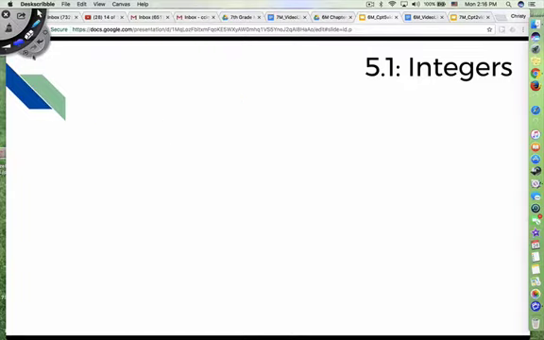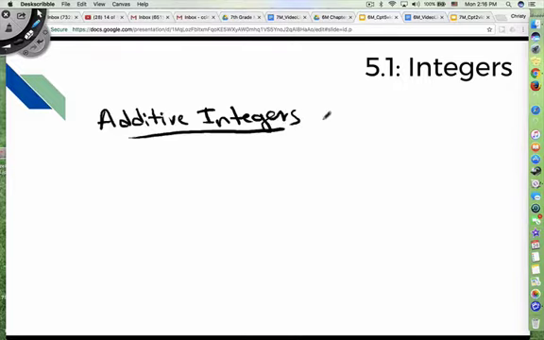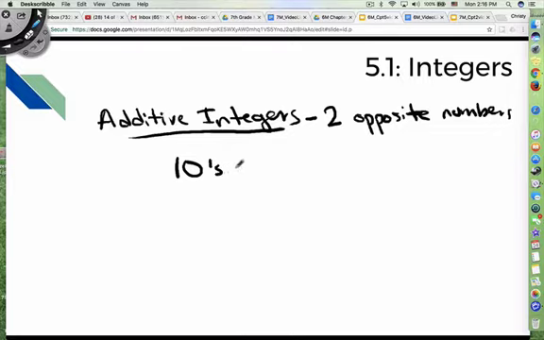There are such things as additive integers. These are the two opposite numbers. So if you have, let's say, 10, its additive integer, or its opposite, is negative 10.